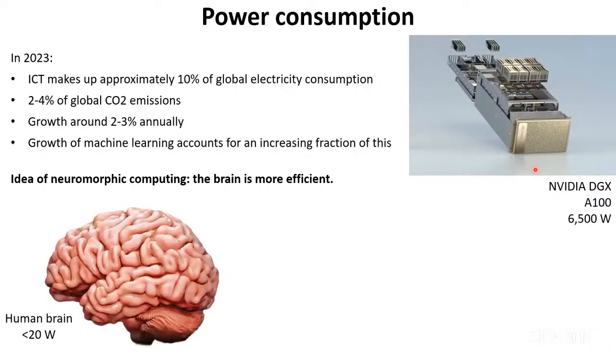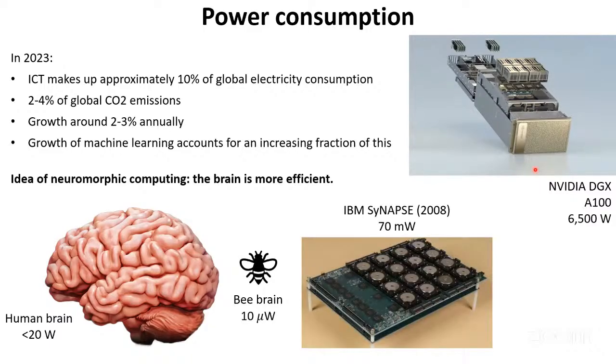So basically, if you see the human brain, it works at less than 20 watts. Then you have the bee brain, which works at 10 microwatts, which is significantly smaller. And then you have IBM TrueNorth, which is a neuromorphic chip. This works at around 70 milliwatts.